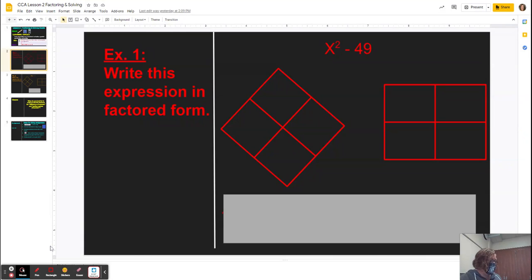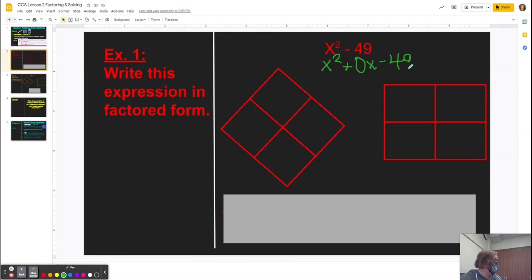All right, so I believe we talked on Tuesday when we were in class. Notice in this first algebraic expression, the regular x term is missing. And I think we talked about it towards the end of the hour that if we don't see an x term in the middle, you can treat it as if there is a 0. And then we've got this minus 49.